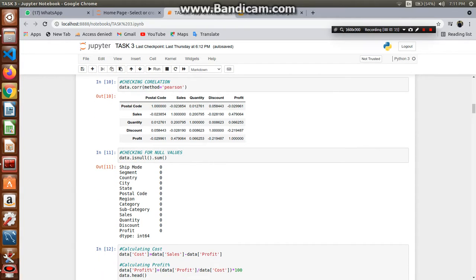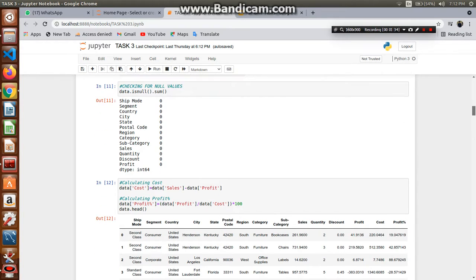We use checking correlation in order to get a view of what all attributes are correlated to each other. We do not need to look at all the numerical values. I'll use a heat map in later stages, and you'll get to understand over there. After that we check whether there are null values or not.